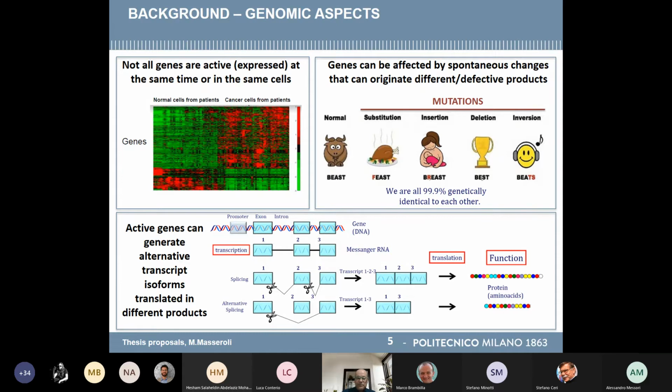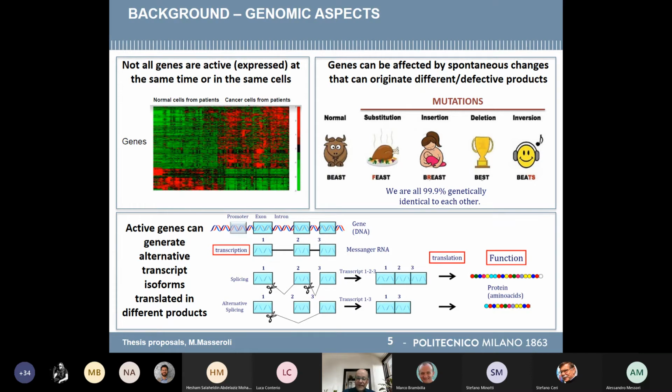This increases the possibility of the organism to interact with its environment and to be able to solve all the issues that are related to the life of a complex organism such as ours.